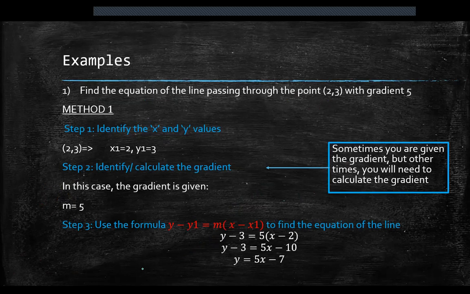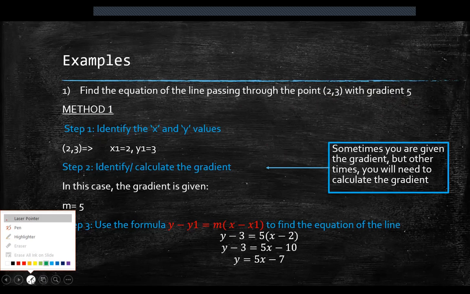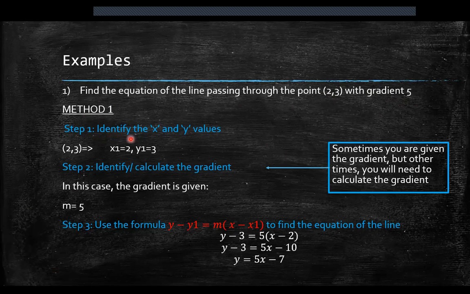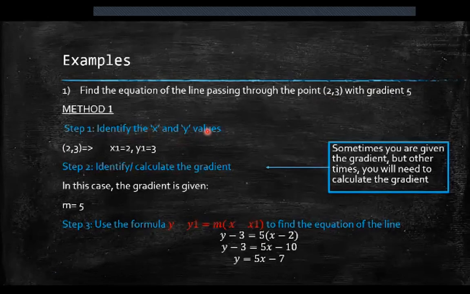All right, so they might ask you to find the equation of a line. They might give you 1 point and the gradient, or they might give you 2 points, like what we were doing just now. In this example, they gave you 1 point, so 1 coordinate, (2, 3), and my gradient is 5. There are two methods to find the equation of a line, whichever one you prefer. So the first step is to identify x and y values. In this case, it's just x1 and y1.